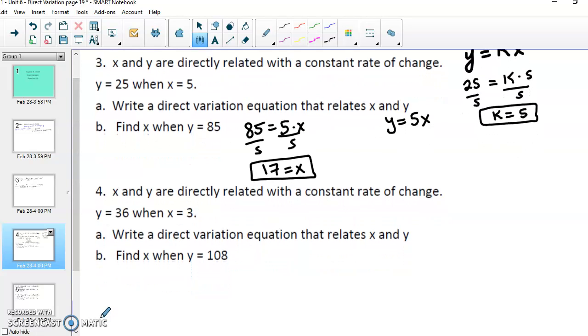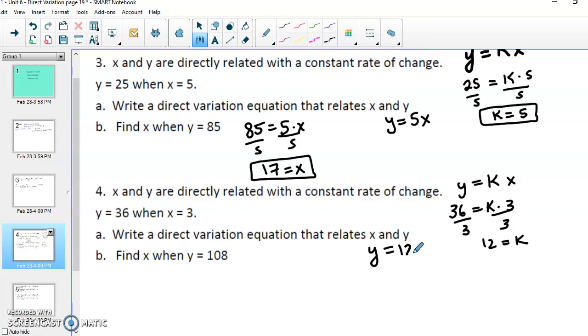Let's do the same thing for number 4. Y equals kx. 36 equals k times 3. Solve for k, and you get k equals 12.